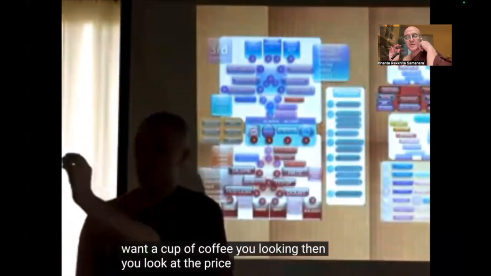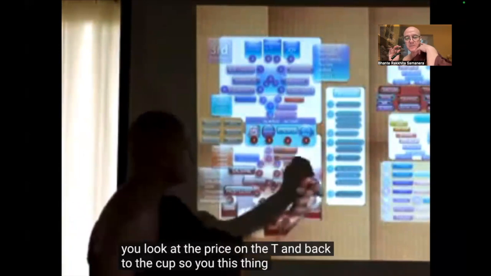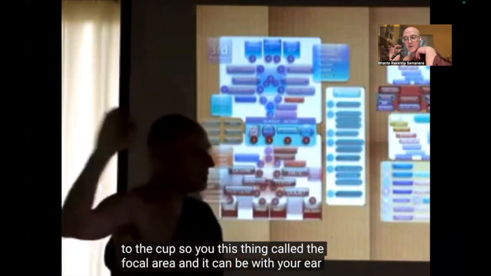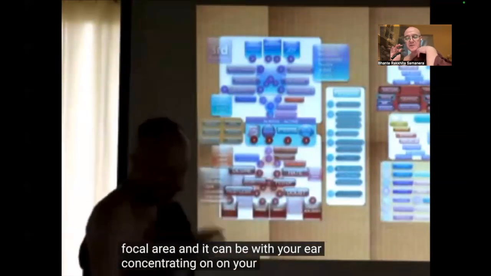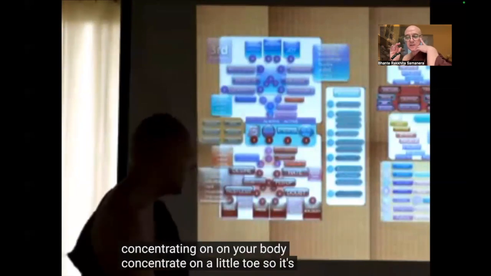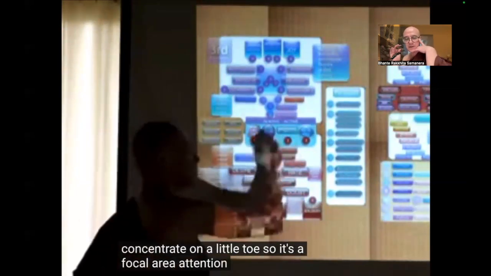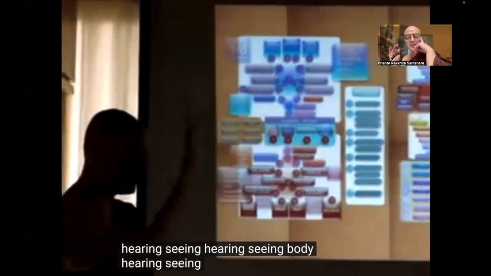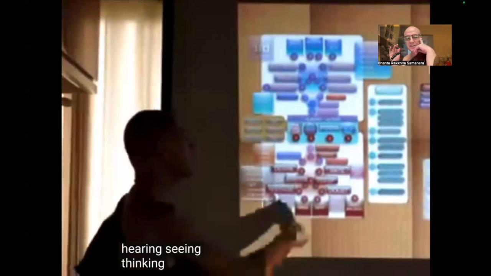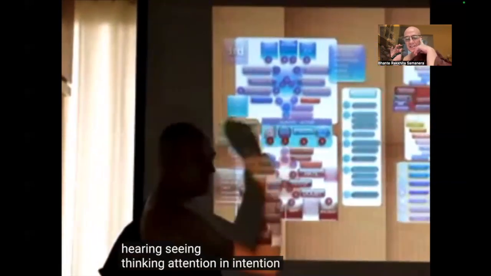If you want a cup of coffee, you're looking then at the price on the till, back to the cup. So this thing we call the focal area, and it can be with your ear, concentrating on your body, concentrate on the little toe. So it's a focal area. Attention decides which of the 6 sense doors you actually go to. Hearing, seeing, body, hearing, seeing, thinking, attention, intention.